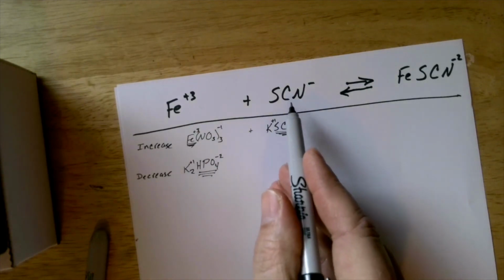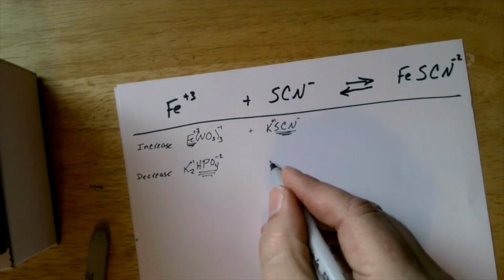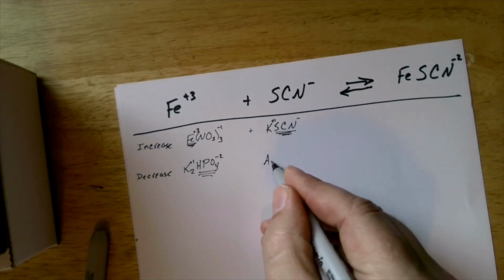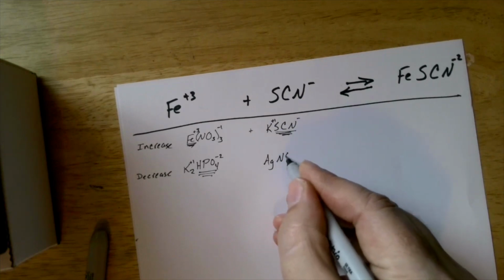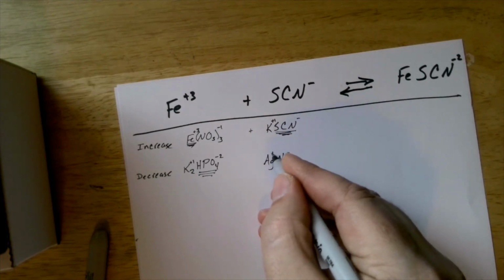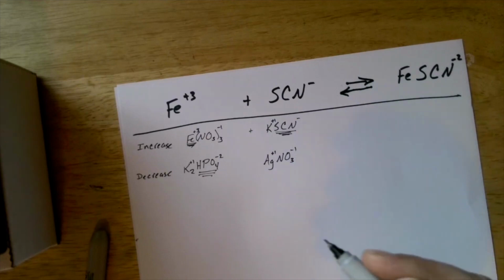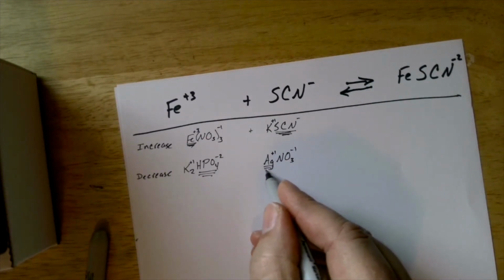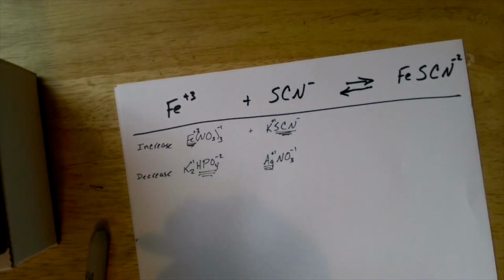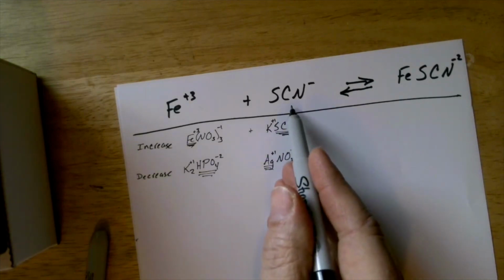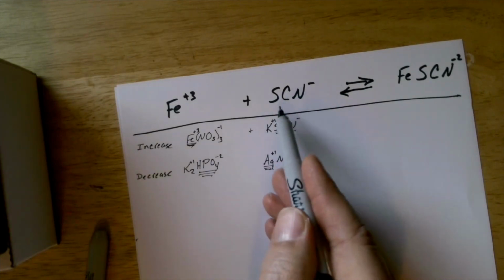Likewise, too, if I want to decrease the amount of thiocyanate, what I can do here is by adding the silver nitrate. Silver 1 nitrate. Silver's +1, nitrate's -1. And what silver does is it bonds with the thiocyanate. It produces a precipitant, and it will decrease the amount of thiocyanate.